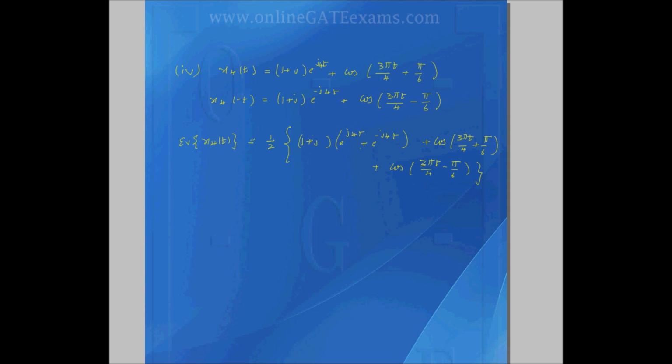So this is clearly 2 cos 4t divided by 2. This will be equal to (1 + j) cos 4t plus, since cos(a + b) + cos(a - b) is 2 cos a cos b, that 2 and this 2 will get cancelled. I'll get finally cos(3πt/4) cos(π/6). So cos 30 is nothing but root 3 by 2.